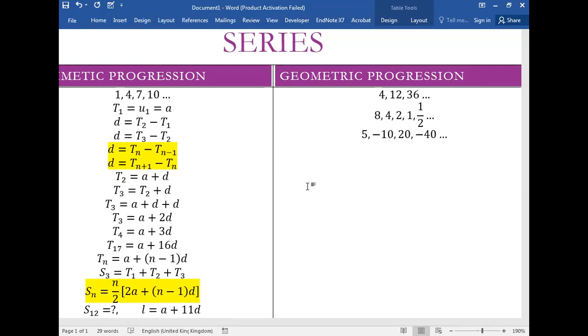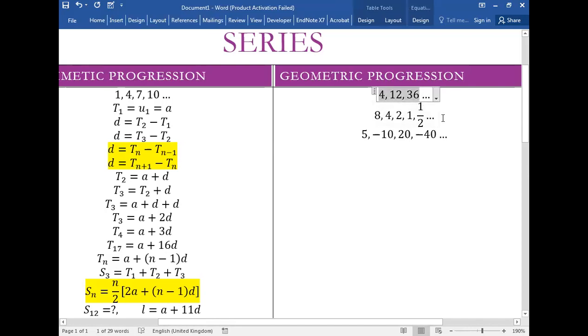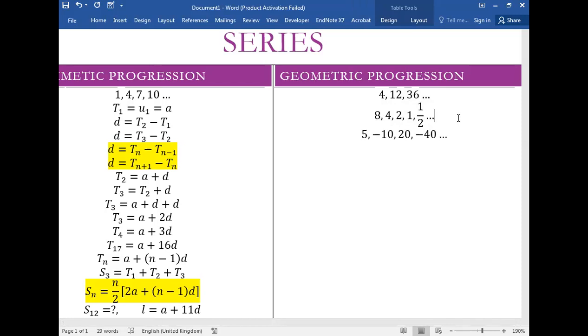Now I've written some sequences here, some progressions, some series here. What do you see? What trend do you see in the first one? You're multiplying it by 3 to get the next term. What about this one? Can I say multiplying by 1 upon 2? Both of them mean the same thing, right? I can say I'm just multiplying by 1 upon 2 to get the next term, or as I answered, divide by 2. But multiplying by 1 upon 2 will suit us more. What about this?